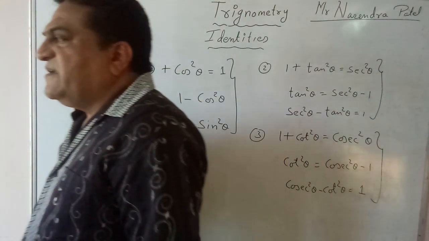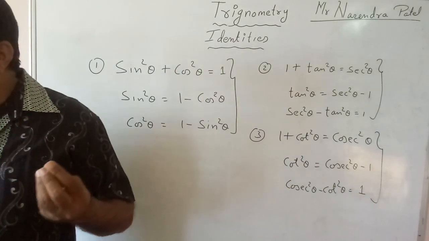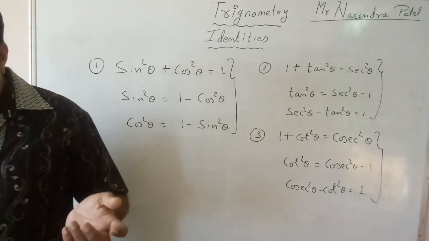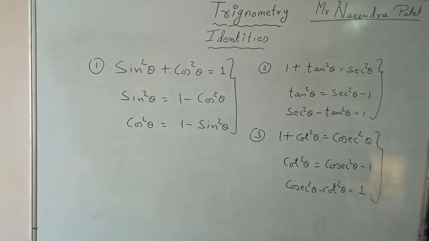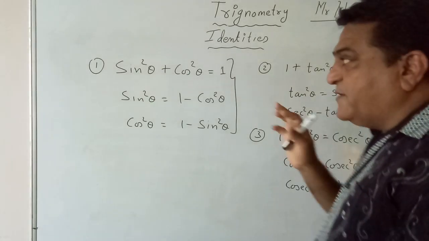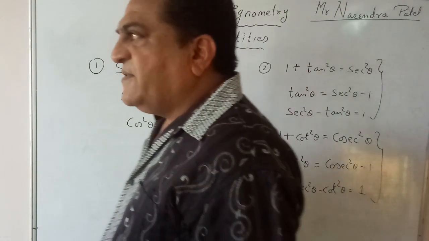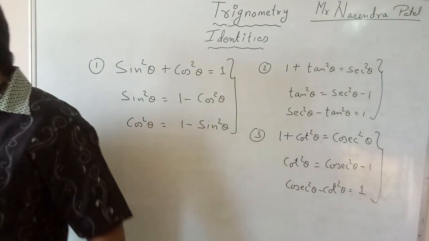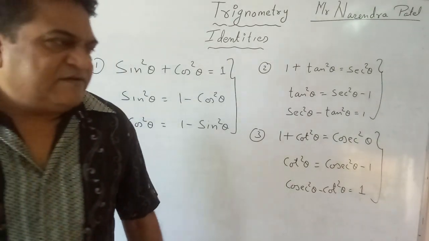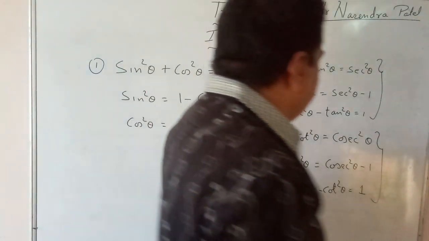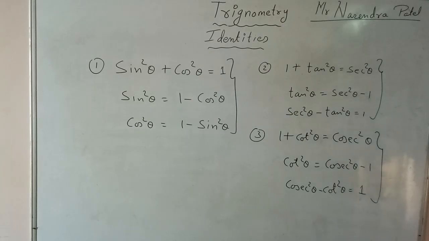All these identities you have to use. Simple sums will be given to you, and blank 1 mark questions will be given to you from these identities. That you have to do yourself by using these identities. First of all, you can watch the identities, then answer. After that, without watching the identities, you have to do those blanks yourself by preparing the identities.